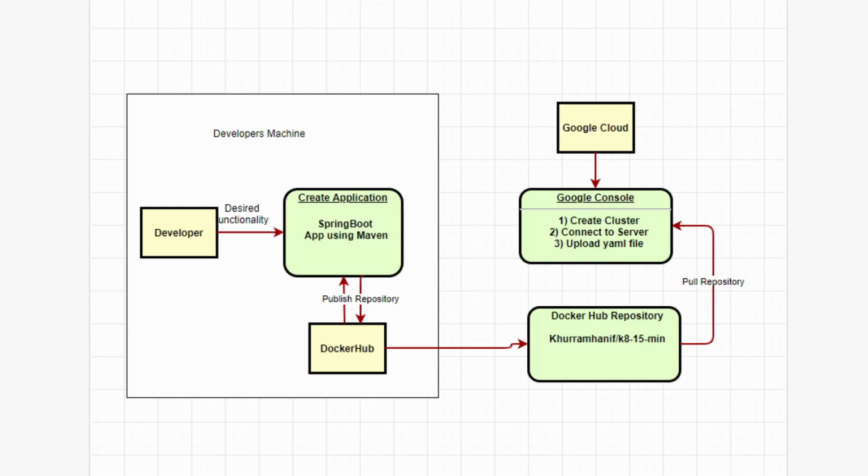So in this presentation, we hide all the complexities about the creation of the application and putting it to Docker Hub. We focused on this part. In another presentation, I will display the basic steps of how to create the application and put it to Docker Hub.